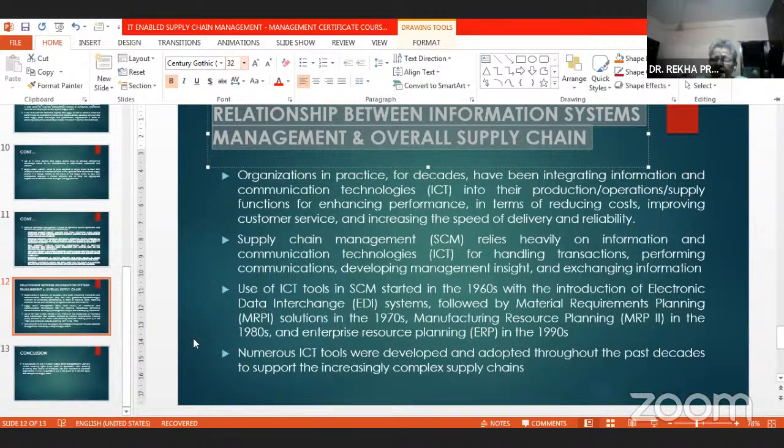Initially there were isolated information systems which were helping them, but gradually they were integrated. And from MRP1 to MRP2 to ERP, we have moved up, and we are trying to see the organization as a whole, how all the functional areas will help them in achieving their target.